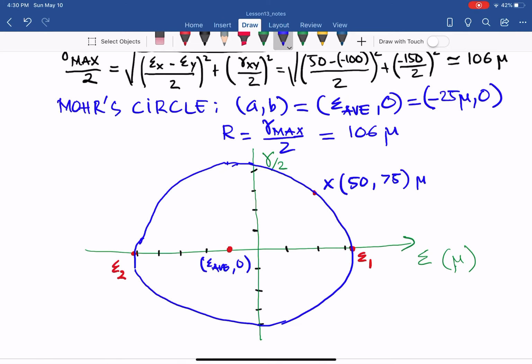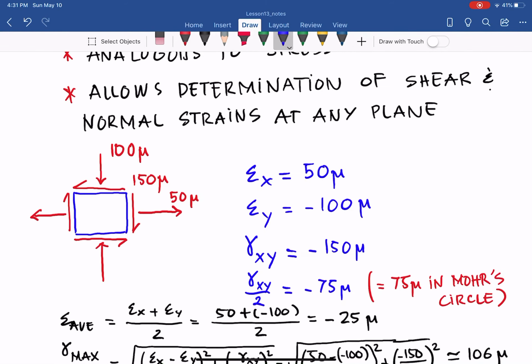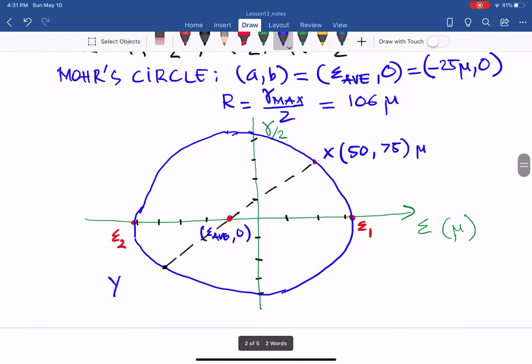And then if you go to the other side, that will be the y-plane, which is the horizontal plane on top. How to define that, we already talked about. And that y-plane is negative 100, negative 75 micro, as you can see.